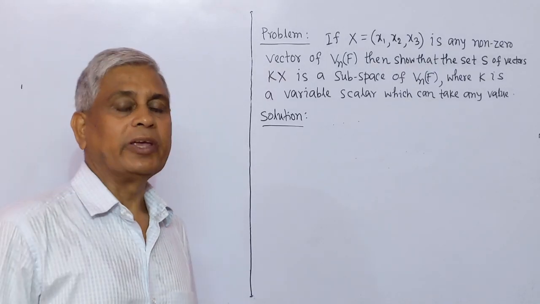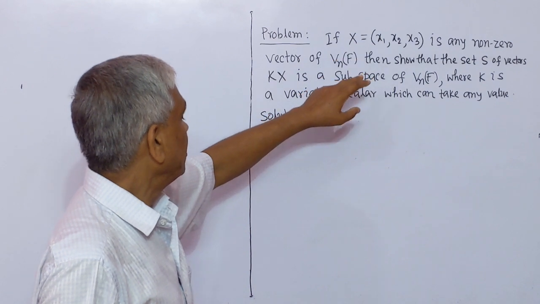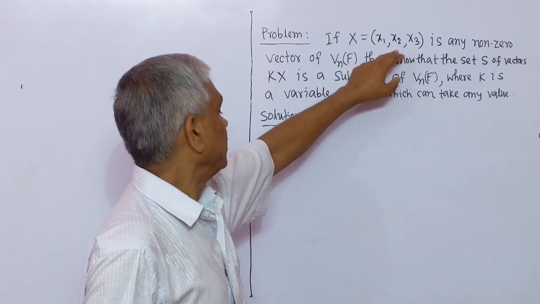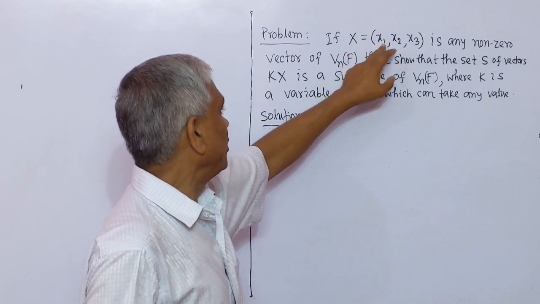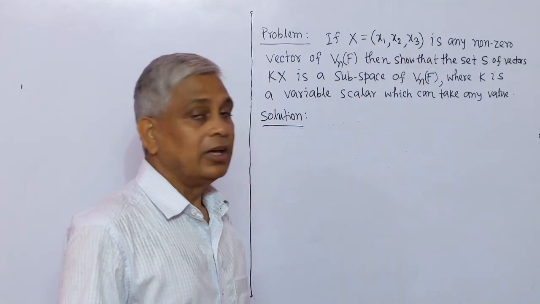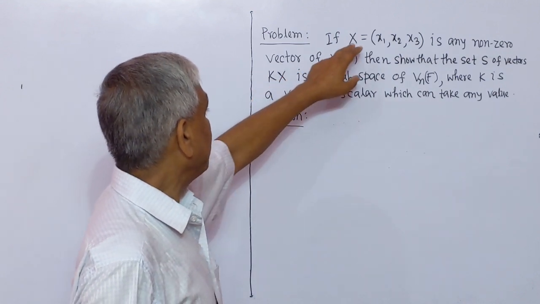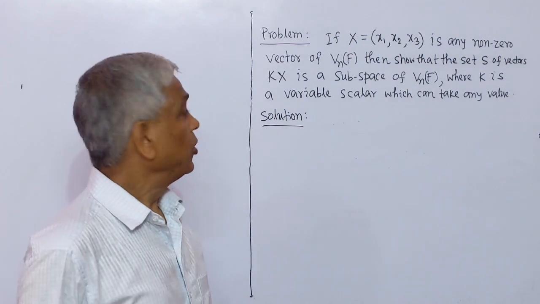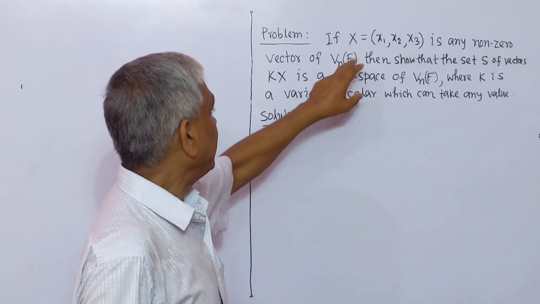Now we solve a problem. Problem is if capital X is an order triplet. Here components of capital X be x1, x2, x3 is any non-zero vector. Capital X is any non-zero vector of vector space of n-tuple VNF.